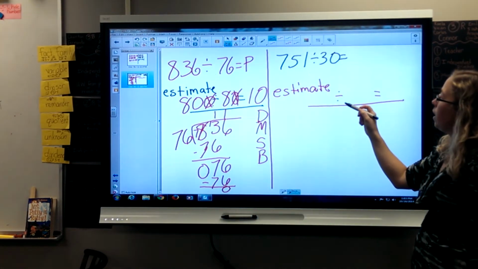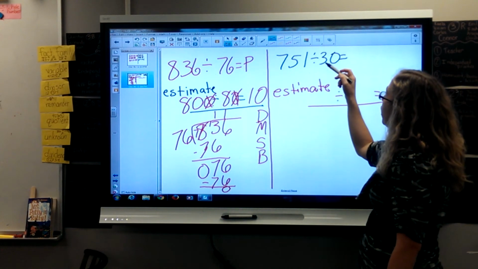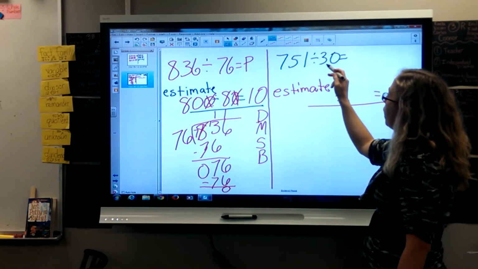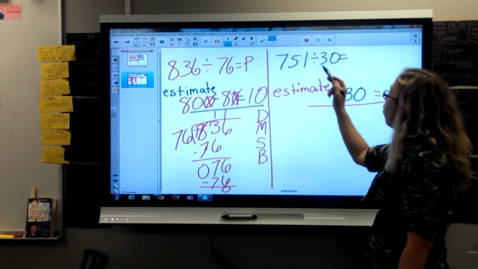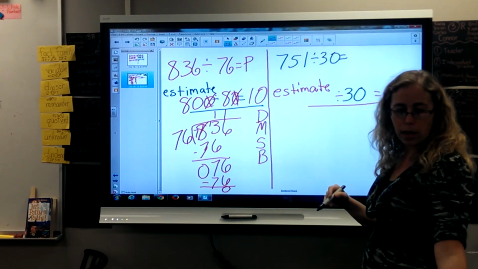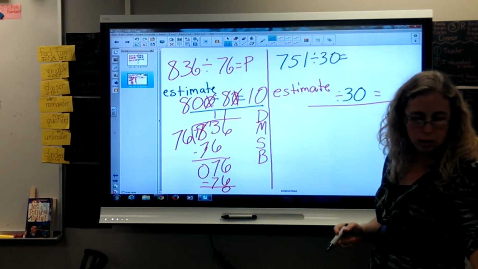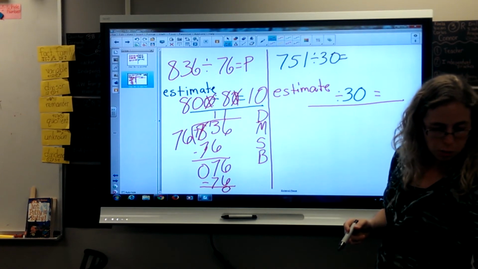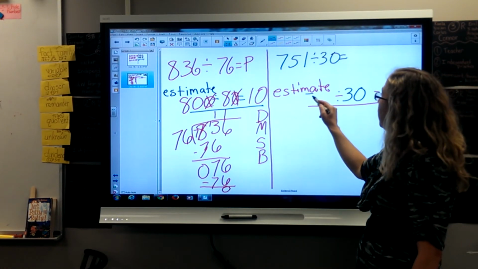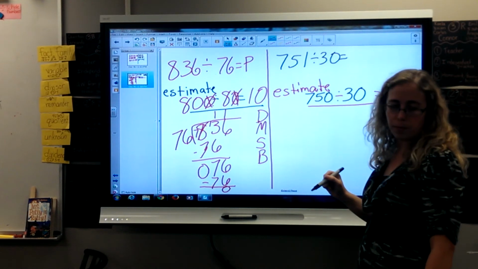Now with this next one over here, we're going to estimate as well to check for reasonableness. We have 30 right here. So if we leave that as 30, what could I turn 751 into so that I can use compatible numbers to get reasonably close to 751? If I turn it into 750, then they will be divisible together.